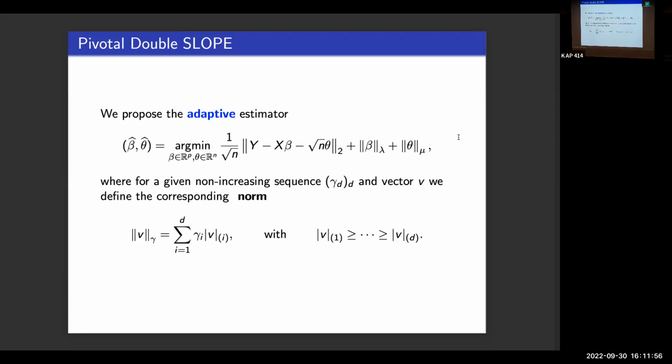Think of lambda as a threshold where you want to filter out the noise variables. Think of the maximum of these noise variables. If they're sub-Gaussian, their maximum would behave as a square root of log p term. So as long as you set a threshold of order square root of log p, most of your noise variables are going to fall below this threshold.